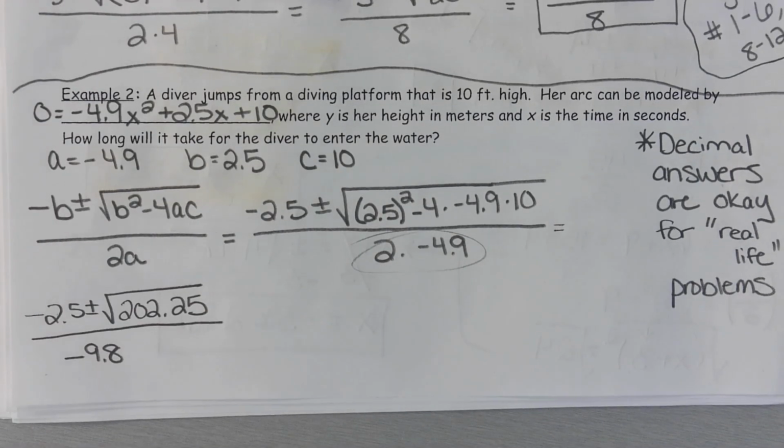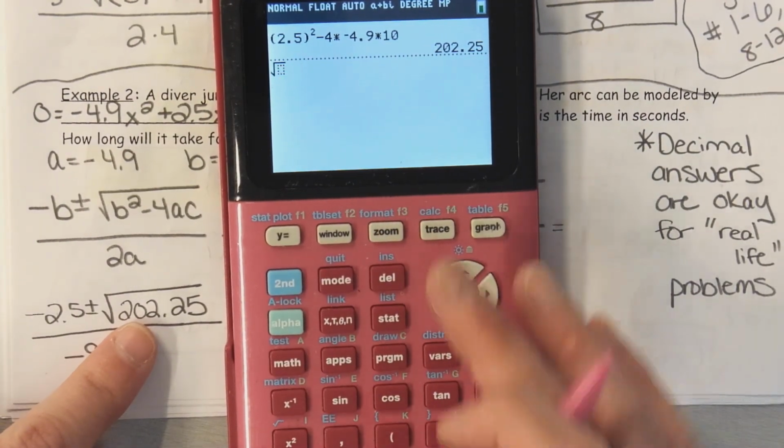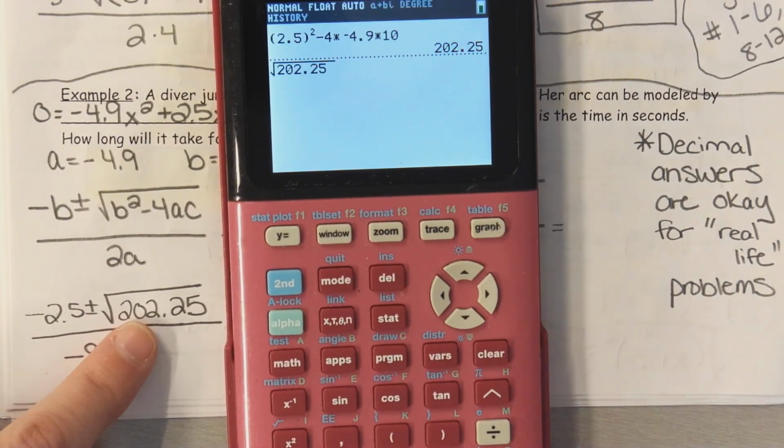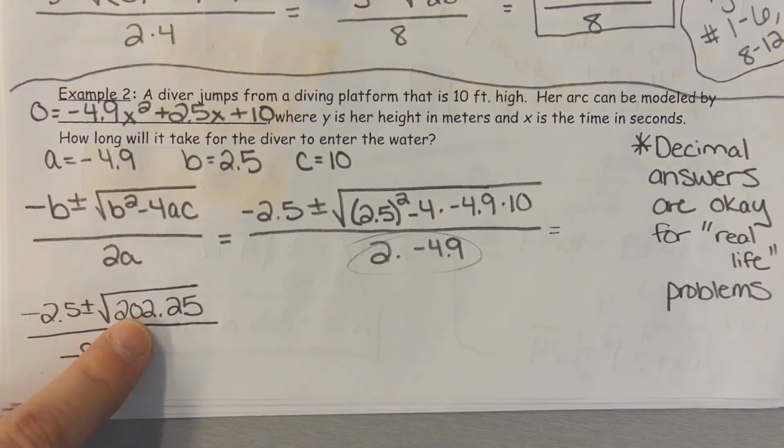All right. Now, I'm actually going to go through the actions of solving the problem down completely. So I'm going to square root this. I know it's not going to come out nice, I'm mentally prepared for that. I get, oh, did not anticipate that reaction. 14.22.